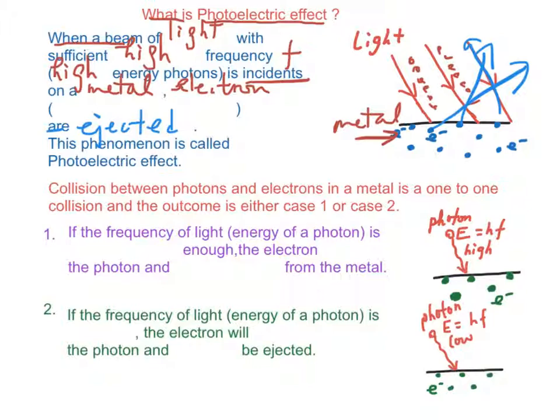The ejected electrons are called photoelectrons. This phenomenon is called the photoelectric effect.